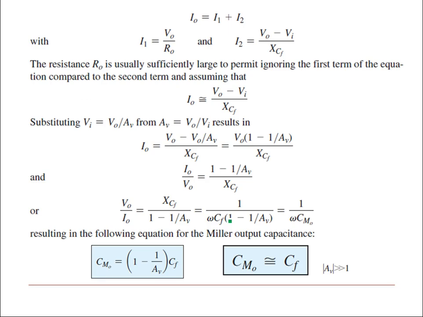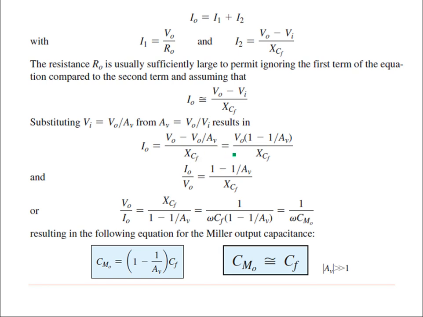So again, when you apply Kirchhoff's current law here, you get expressions like this. I1 is V0 by R0, I2 is V0 minus Vi by XCF. Similar analysis you do here. And finally, on simplification, what do you get? I0 is equal to V0 minus V0 by AV by XCF.